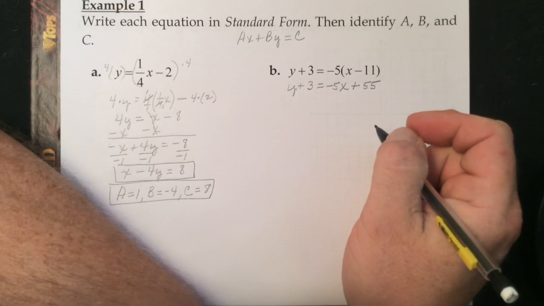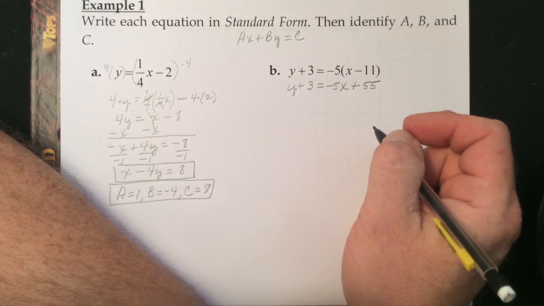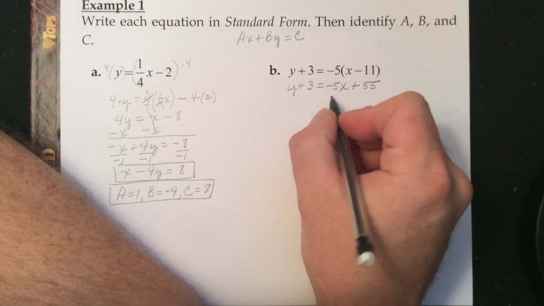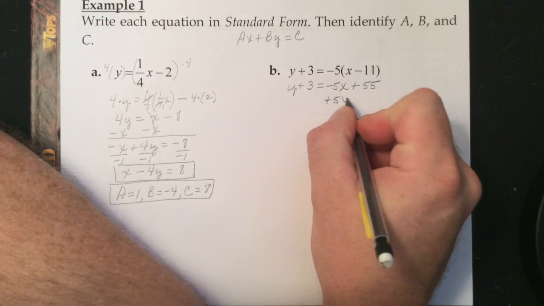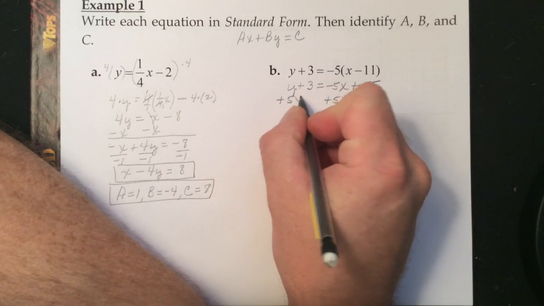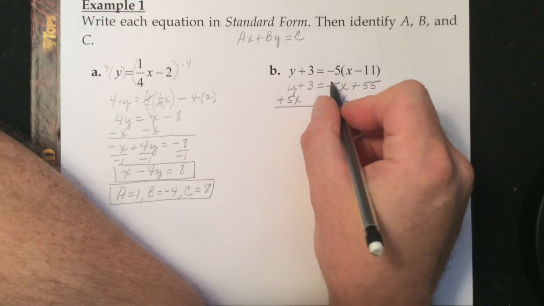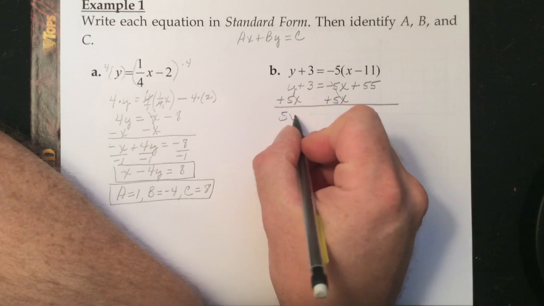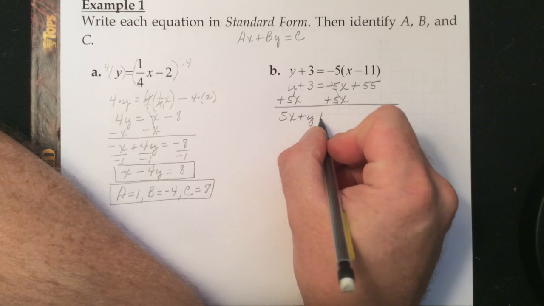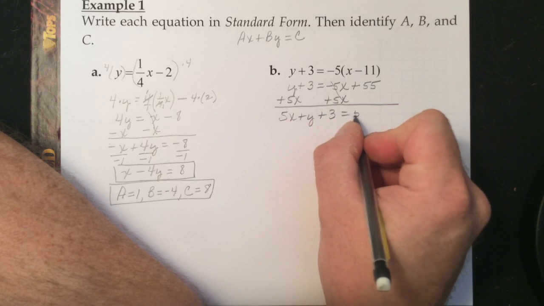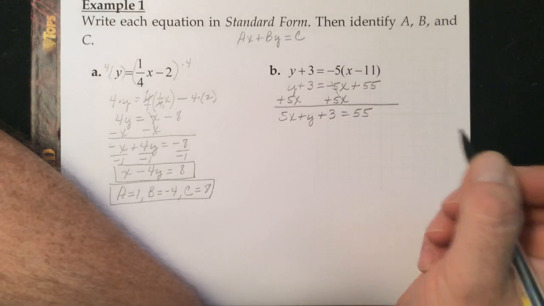We don't have any fractions to deal with, so the next thing we want to do is get our x and y together, so I'm going to add 5x to both sides, eliminating it over here. We have 5x plus y plus 3 equals positive 55.